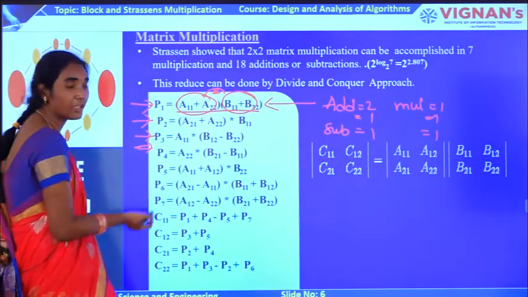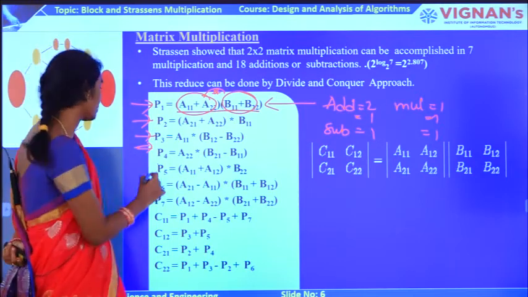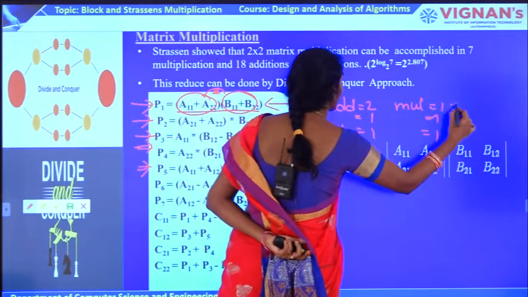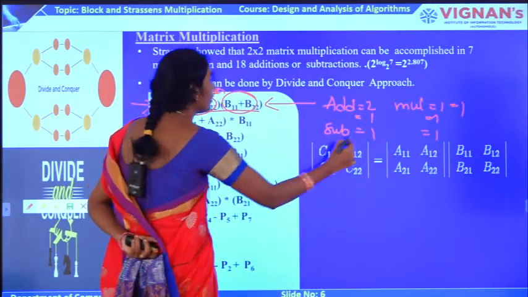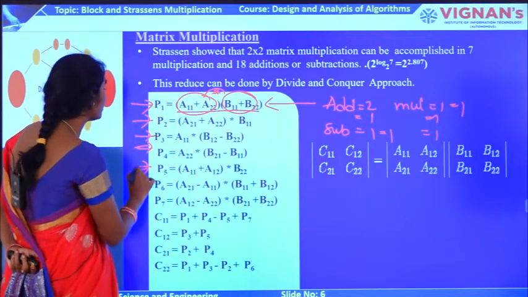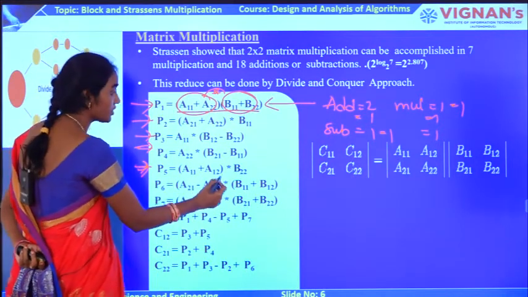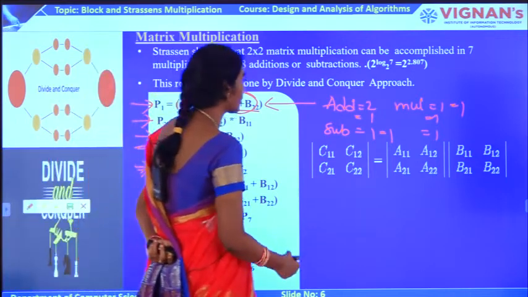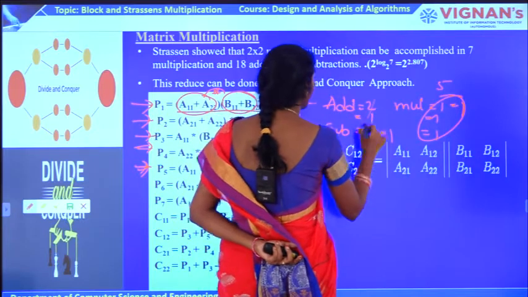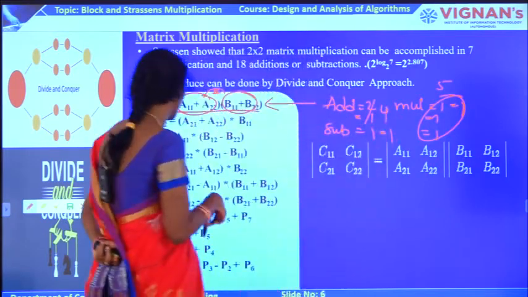Here also the same thing, 1 multiplication and 1 subtraction. Here also 1 multiplication and 1 subtraction. Here 1 addition and 1 multiplication. So finally, till now I can write it as 5 multiplications and 4 additions.